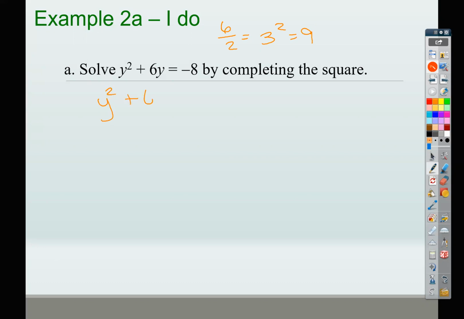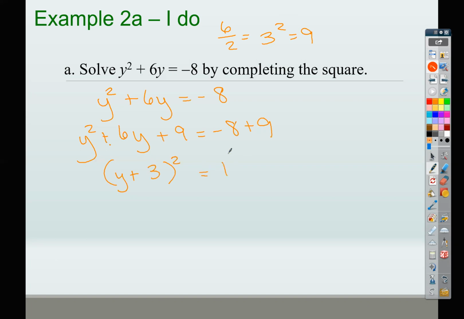Remember, if you add something to one side, you have to add it to the other, right? So I'm going to add the 9 to both sides of the equation. Now I'm going to factor this, like we did in the last example. I take the square root of the y squared, this sign, and the square root of the 9.